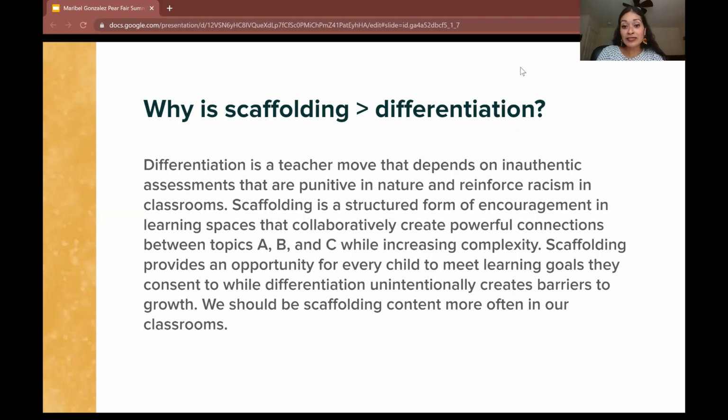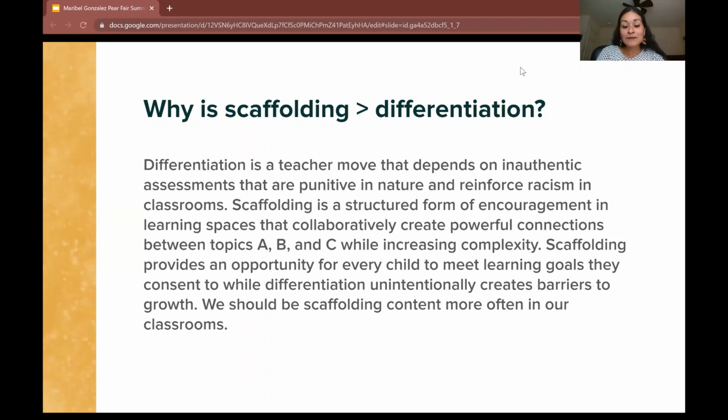And scaffolding is a wonderful solution, and it's a structured form of encouragement in learning spaces where you are collaborating with students to create powerful connections between different topics while increasing complexity.